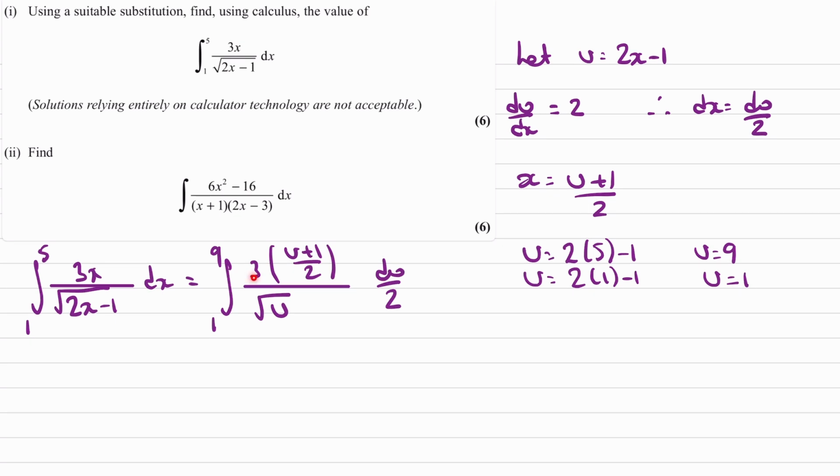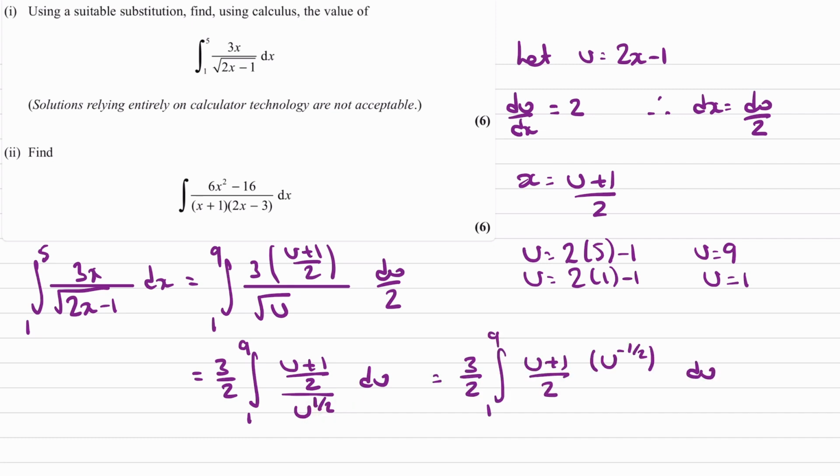Now we can move this 3 and the 2 in front of the integral. We'll have u plus 1 over 2 on our numerator, and I can write our denominator as a power, u to the half. We'll move this denominator to the top and change the power to negative a half. Then we'll bring this 2 in front of the integral as well, so we get 3 over 4.